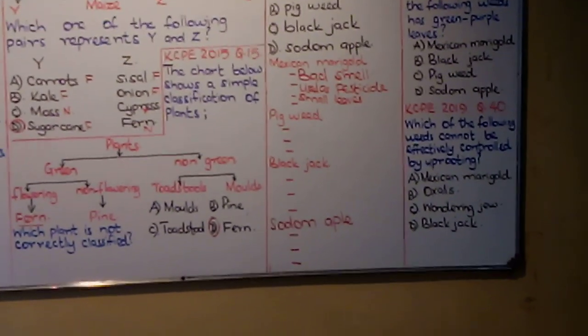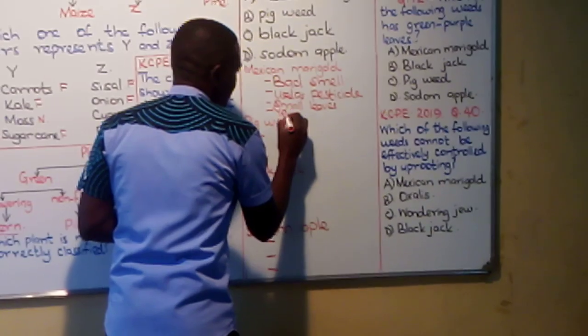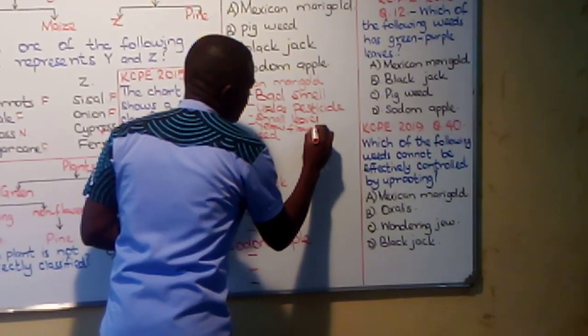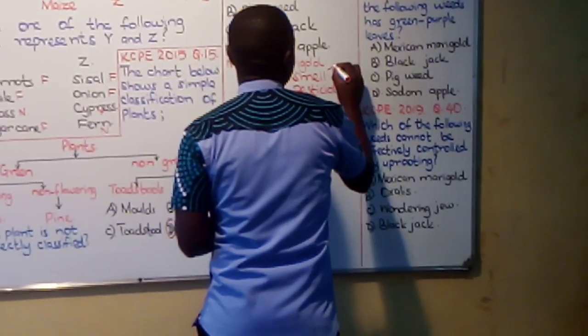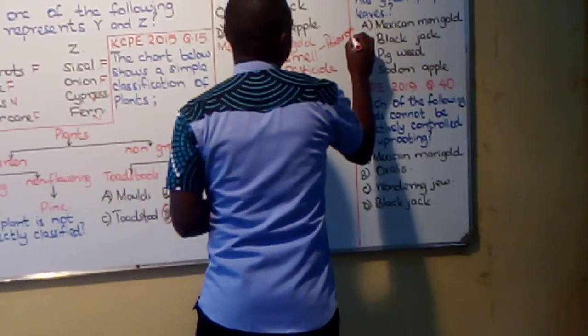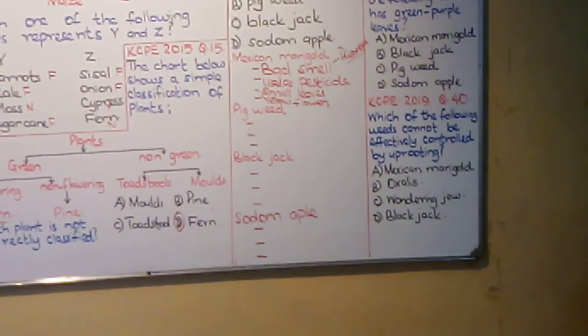It has yellow flowers. Another thing that we know is that it is poisonous, so it must be handled with a lot of care. In fact, it's highly poisonous.